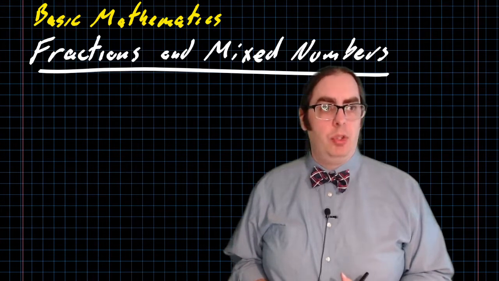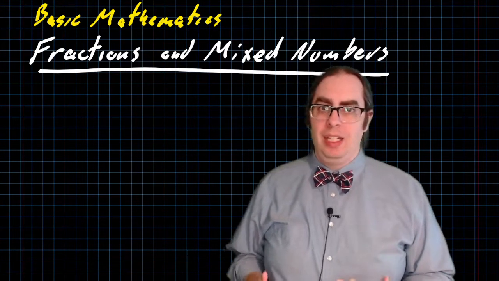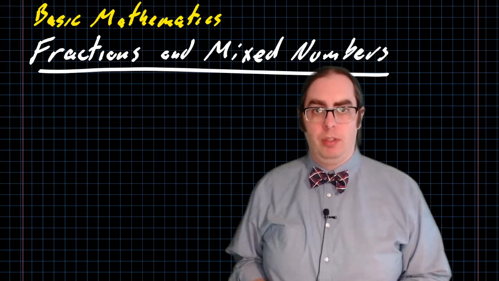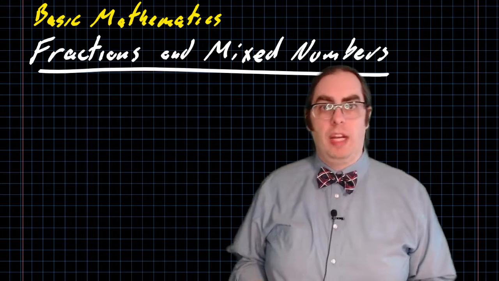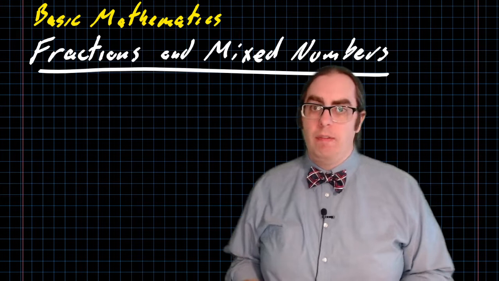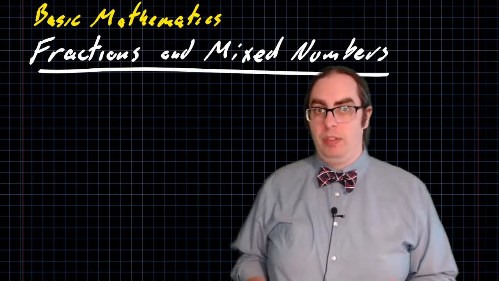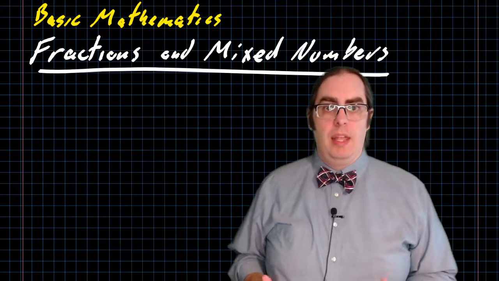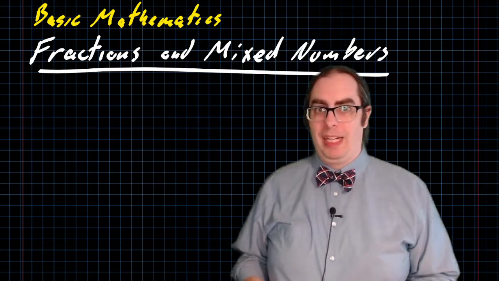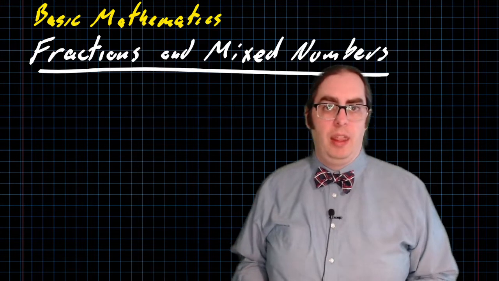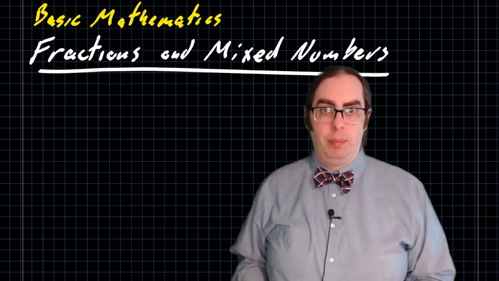And being able to do quick calculations by hand is a valuable skill in its own right. And that's where fractional values come in. Fractions are a different way of representing numbers between 0 and 1 that allow us to do calculations by hand a lot more readily than trying to do things with decimal numbers.